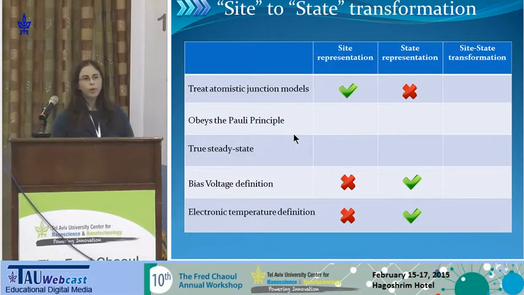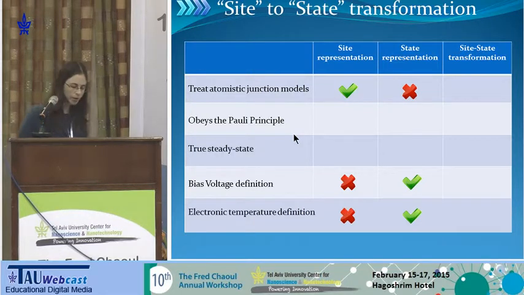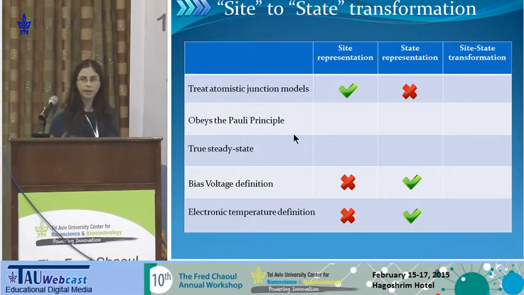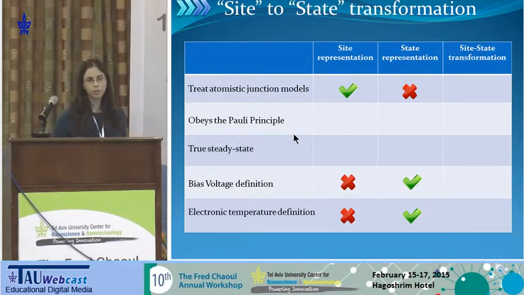Up until now, comparing the site and the state representations, we can see that in the site representation, we can treat atomistic junction models, but we can't have a specific bias voltage and lead electronic temperature. In the state representation, we can't treat atomistic junction models, but we can have a specific bias voltage and lead electronic temperature.